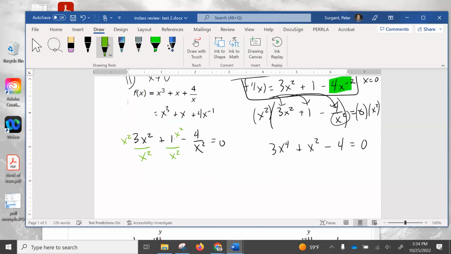It's a lot of algebra stuff. This would give me the same thing I have over here, 3x to the fourth plus x squared minus 4 all over x squared. And now this looks a lot better, because now I can say, critical numbers: set the denominator to 0, set the numerator to 0. Either one of those algebraically works. This way works as long as you take note about x equals 0.